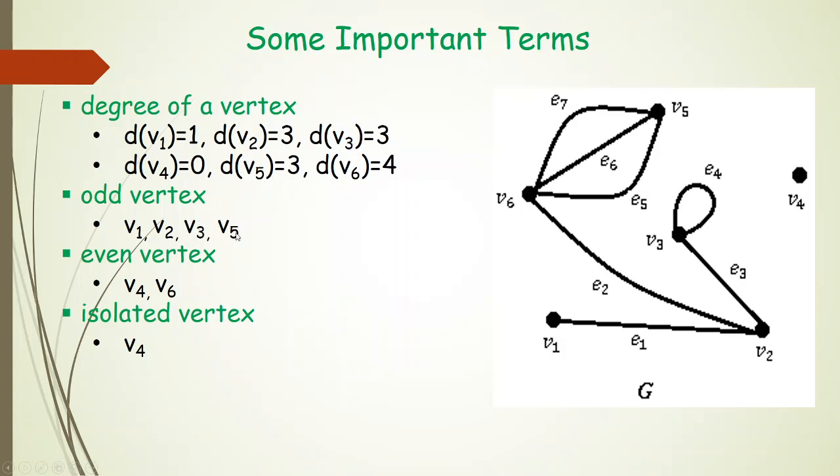And V sub 5 is also an odd vertex. Now 0 and 4 are even numbers. Therefore, V sub 4 and V sub 6 are even vertices. An isolated vertex is a vertex which is not adjacent to any other vertices in the graph. So as you can see, V sub 4 is an isolated vertex. Its degree is 0.